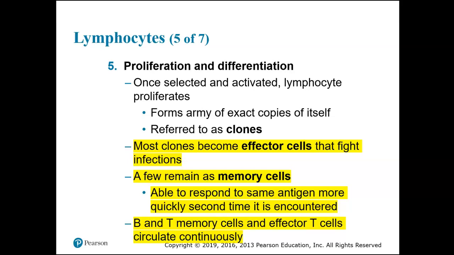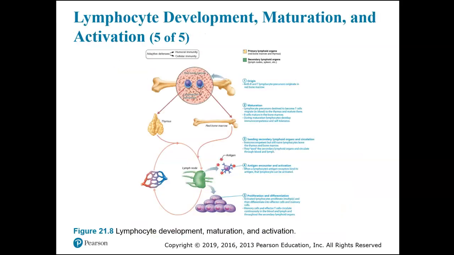Some of them remain as memory cells that can fight the same infection if it comes back a second time, and the memory cells can mount a very fast immune response to a second attack. And then these effector cells and memory cells circulate continuously.